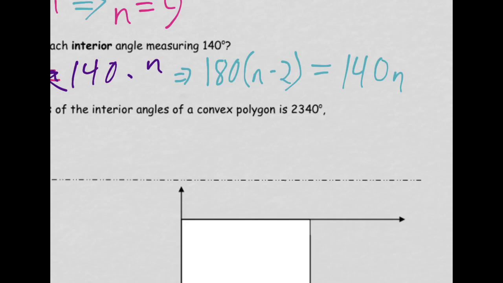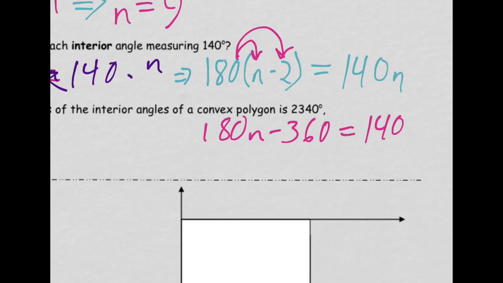So I'm going to distribute this 180 to these two terms right here. So I get 180n minus 360 equals 140n.